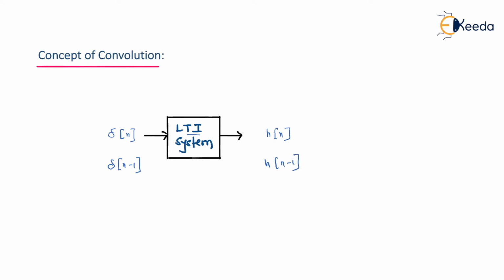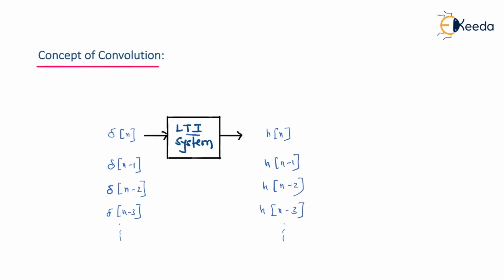Similarly, if I apply the input as del of n minus 2 to the same LTI system, then because it is a time invariant system, the output will also get delayed by 2, that is h of n minus 2. If I give an input as del of n minus 3, then the output would be h of n minus 3 and so on. Now this would be never ending.